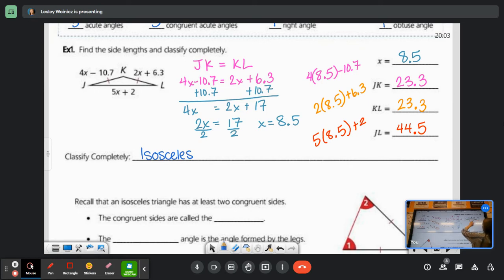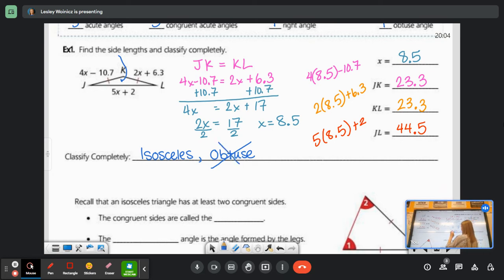Okay, we've got this massive angle right there. So that would make this obtuse. You know what, guys? This thing might not be drawn to scale. I don't know that that's obtuse. It's not marked with a degree measure.